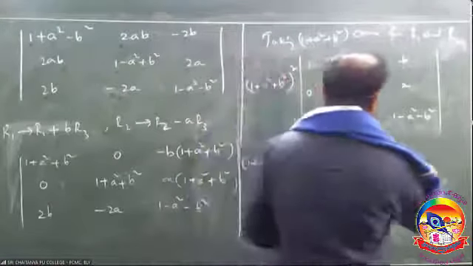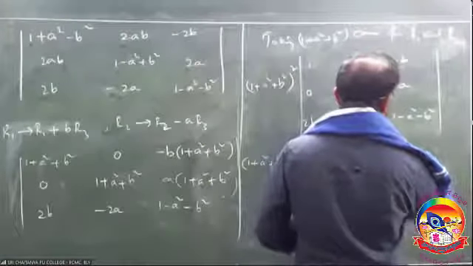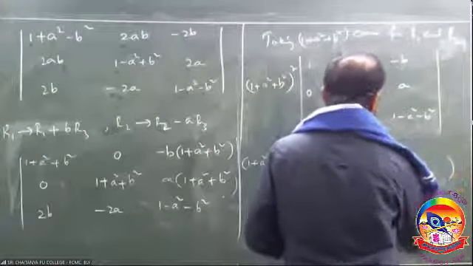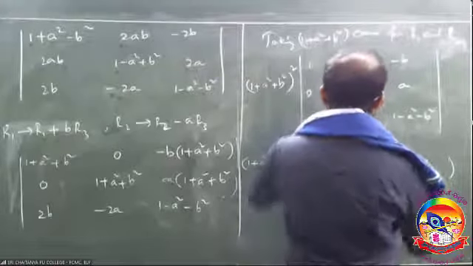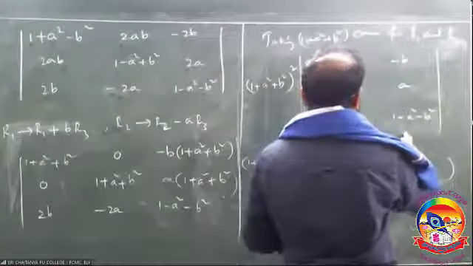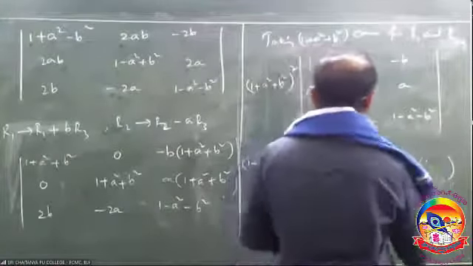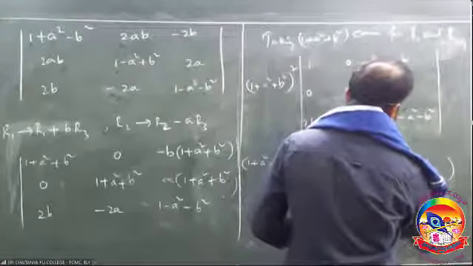Minus 0 into anything is obviously 0. Minus b into, exclude this row and this column, you are going to get 0 minus 2b.